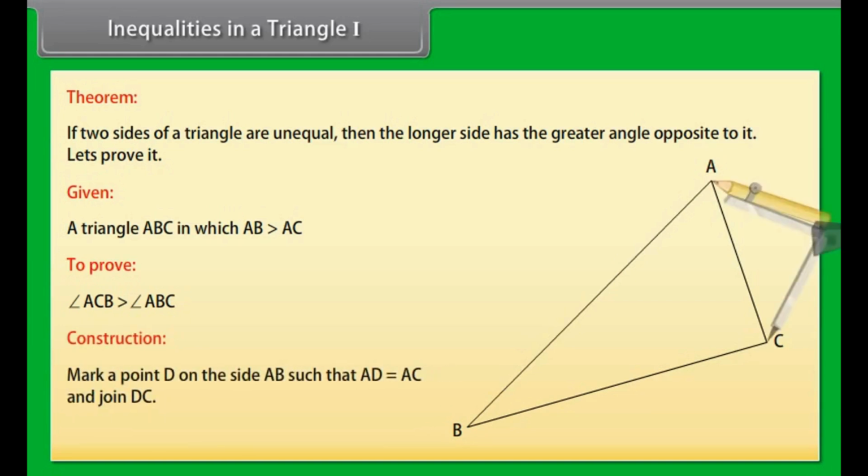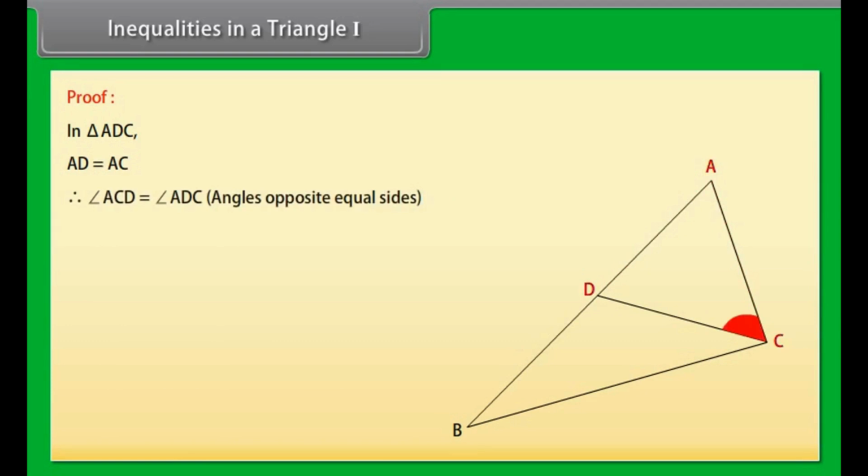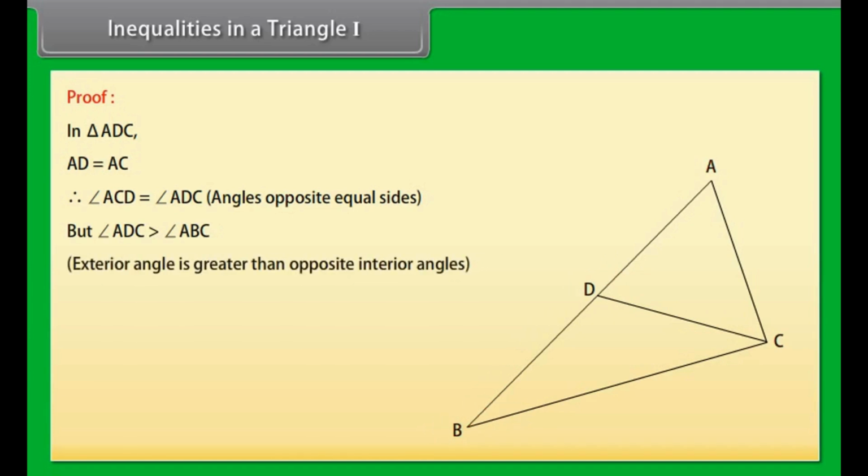Construction. Mark a point D on the side AB such that AD is equal to AC and join DC. Proof. In triangle ADC, AD is equal to AC. Therefore, angle ACD is equal to angle ADC because angles opposite equal sides of a triangle are equal. But angle ADC is greater than angle ABC because exterior angle is greater than opposite interior angles.